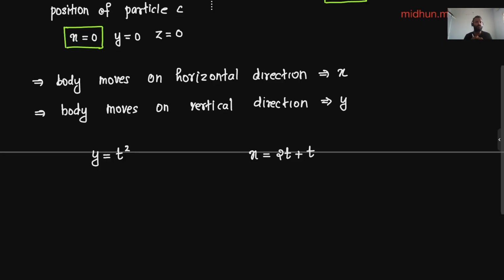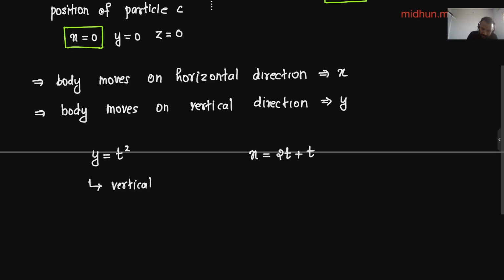From there itself you should understand that body is moving in what direction? The y axis, which means that body is a vertical body, like you are throwing a stone up. That kind of motion you are studying. So if they give y, no doubt it is a vertical motion problem.